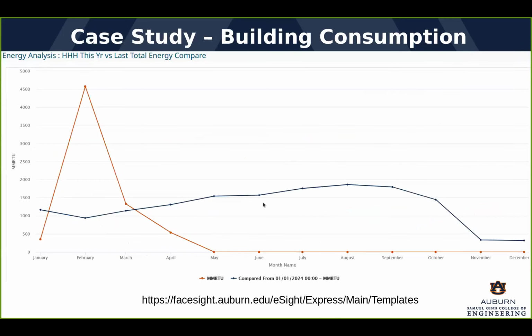All right. So to put this into some perspective, this is a graph from this site that's provided by Auburn. It's a cool site. It actually shows you the energy and overall utility consumption of pretty much every building on campus, even down to the football stadium.